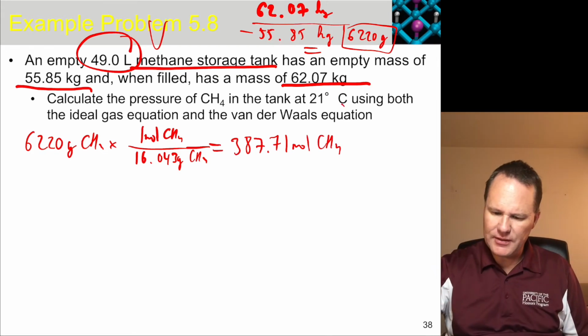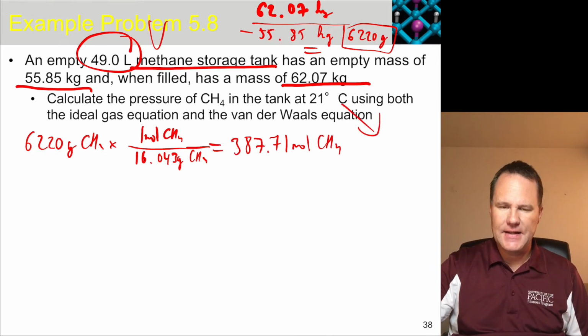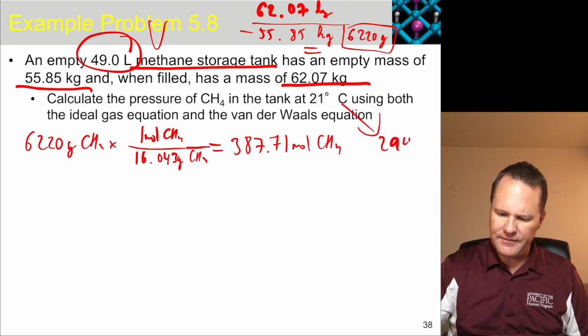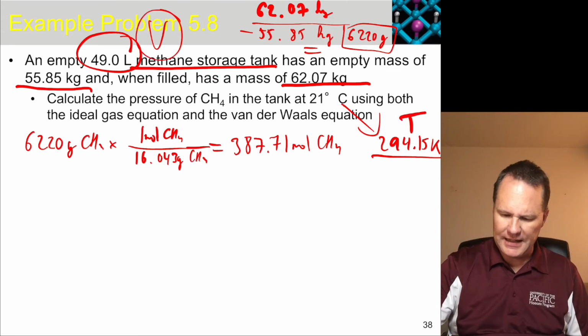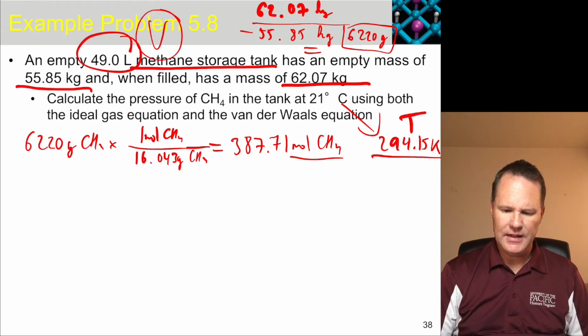Now what about the temperature? The temperature is 21 Celsius, so that will be 294.15 Kelvin. So I have the temperature, I have the volume, I have the moles, okay, and so everything is given to get the pressure.